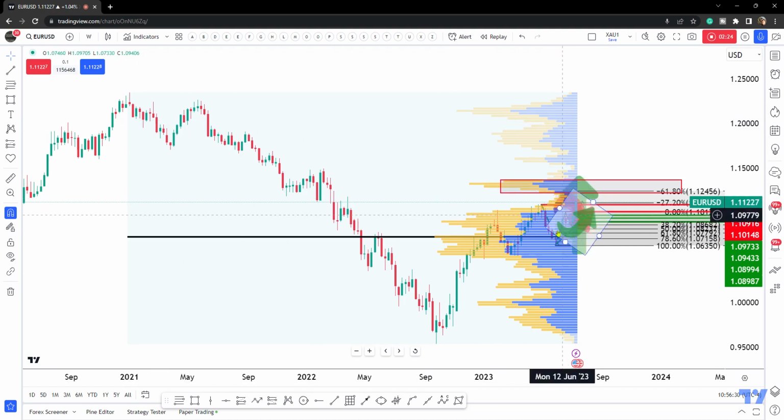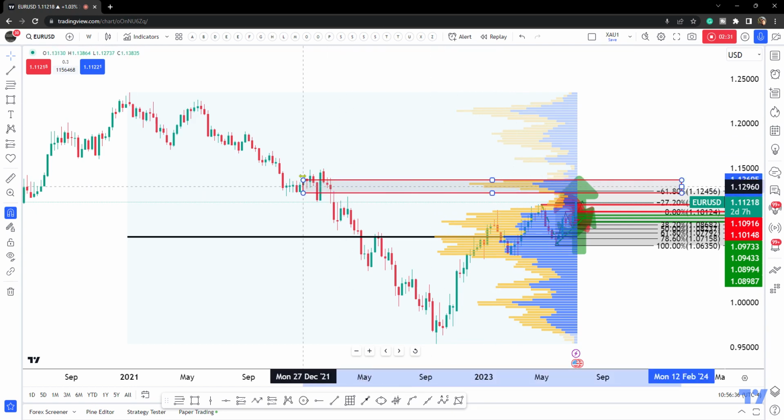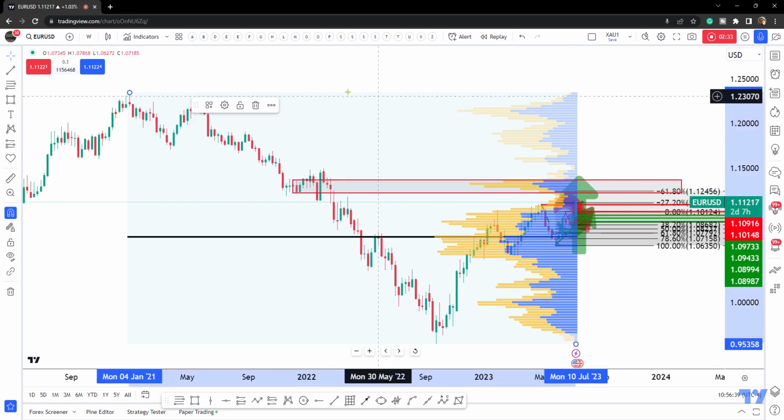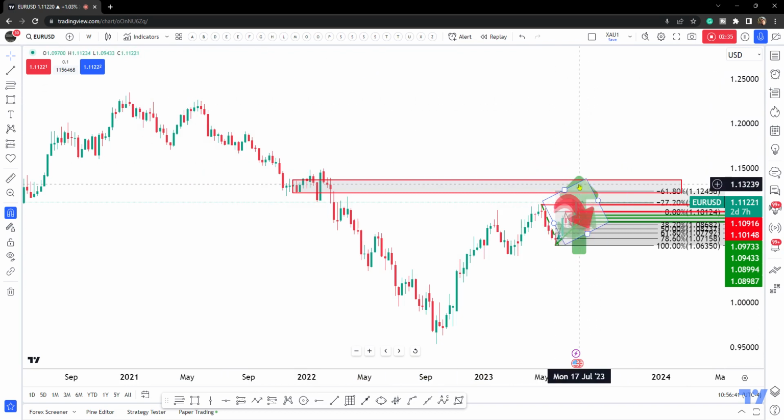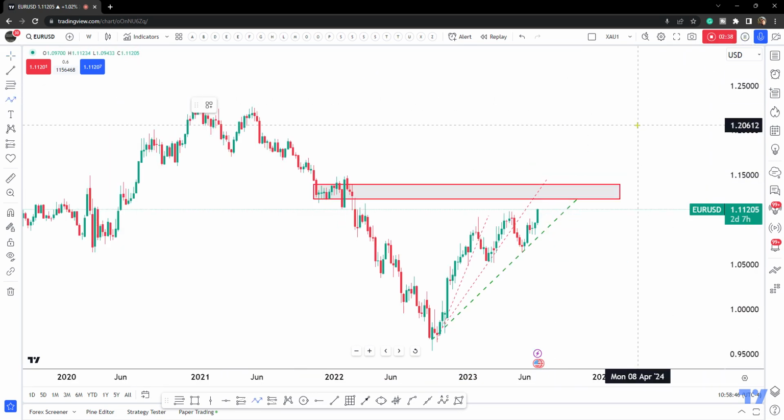So just cleaning up the chart then, let's remove that volume profile. We've got an area of interest up in here. So I'm just going to clean up this chart a bit, so we've got a better picture of what's happening here.